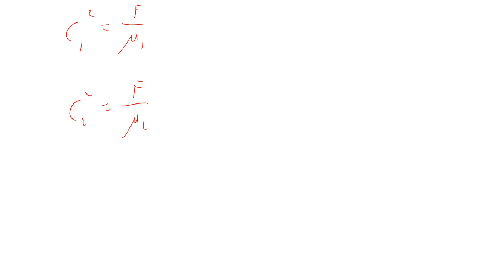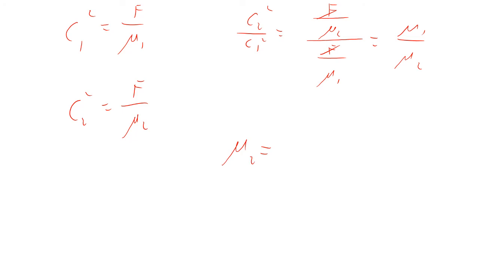Let's look at the ratio of c2 squared over c1 squared. So that would be f over mu2 divided by f over mu1. The f's cancel, so that's going to be mu1 over mu2. And so mu2 is going to be c1 squared over c2 squared times mu1.